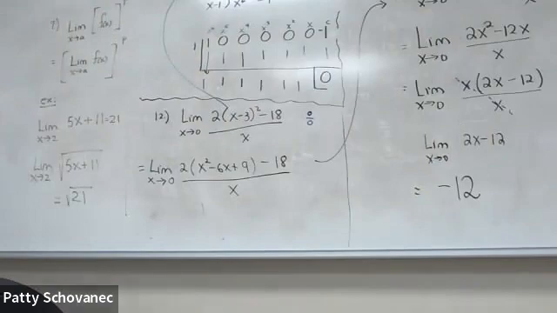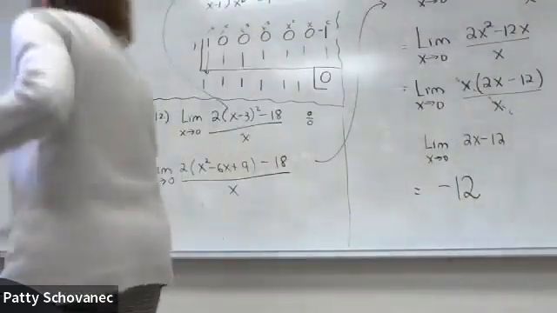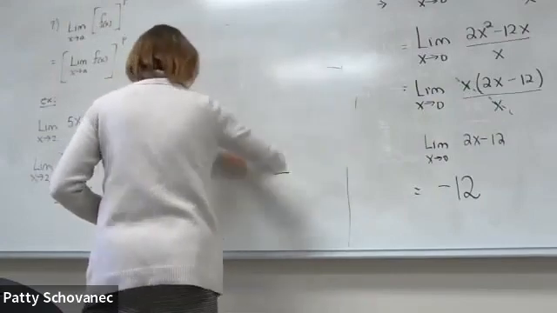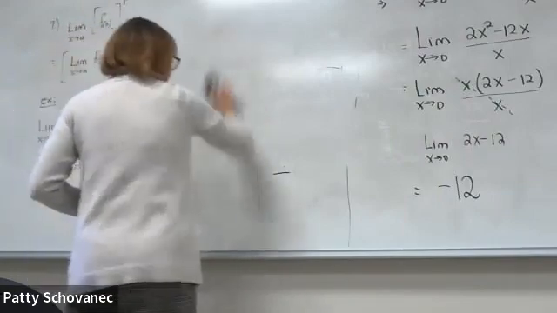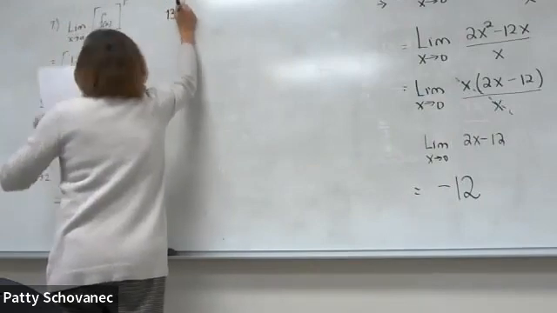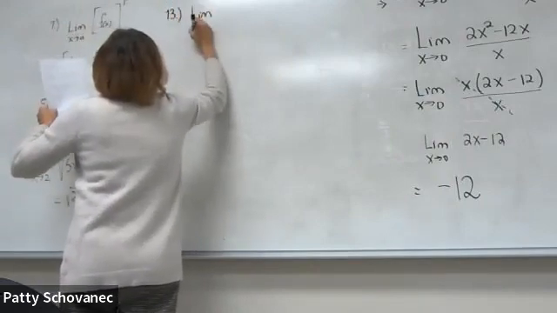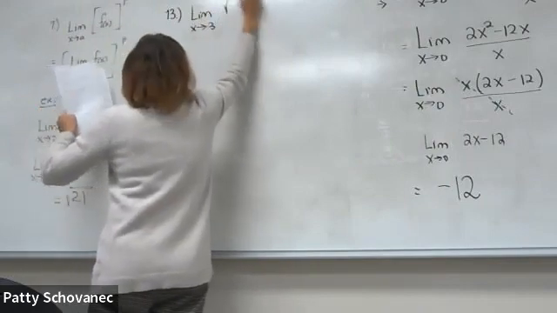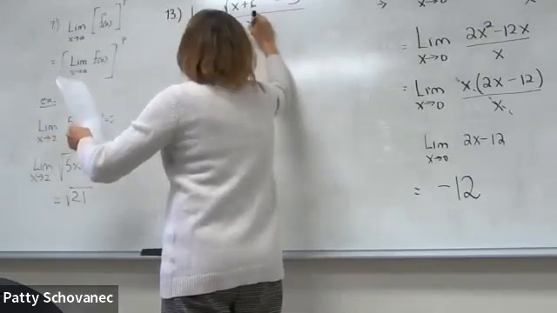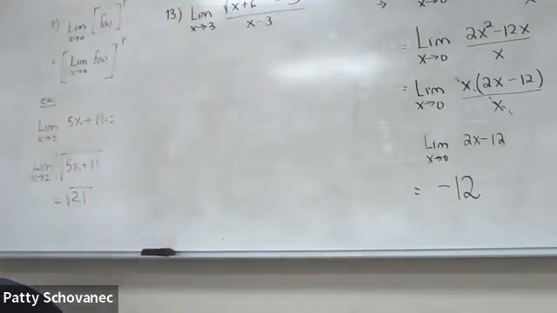So the next one, let's see what kind of algebra you know here. Number 13. The square root of x plus 6 minus 3 over x minus 3.